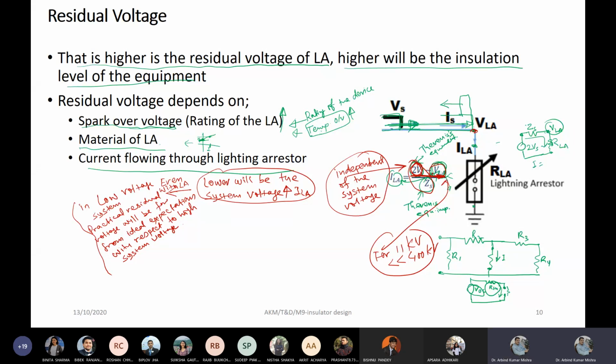So even if we put the lightning arrestor, this does not mean that it will take care of everything and we don't have to do any other things.